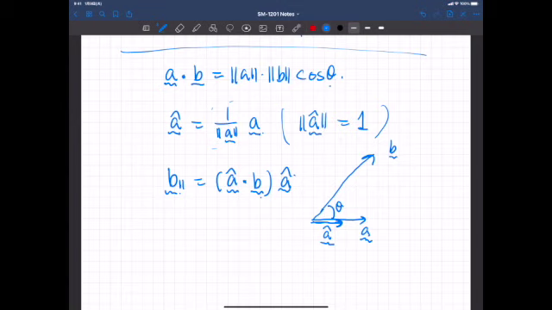That length is the same as this. If you project this vector B onto the direction of vector A, then you have this length. So it's the length of the projection of B on A. So this vector is B parallel. It is the component of B that is parallel to A.